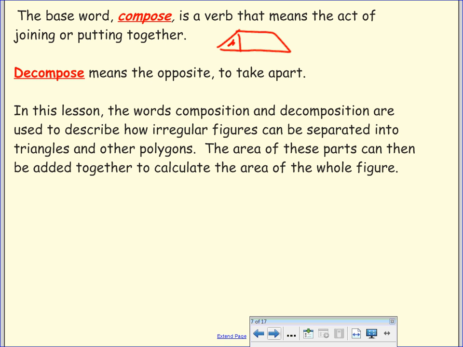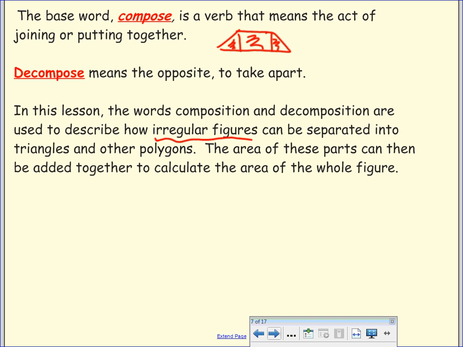You found the area of the triangle, the area of the triangle, the area of the square, and then you added them all together. Decomposition means to take apart. So we're going to look at composition and decomposition to help us find the area of irregular figures. So we're going to look at those figures, break them up into triangles and parallelograms, and find the area.